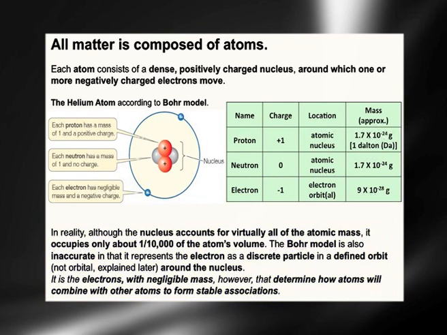Now the nucleus, though it contains almost the entire mass of an atom, occupies only a 10,000th fraction of the volume of the entire atom. So this picture is an exaggeration of the volume of the nucleus. Though electrons are considered negligible in terms of mass, they are the deciding factor for how atoms will combine with other atoms to form stable associations.